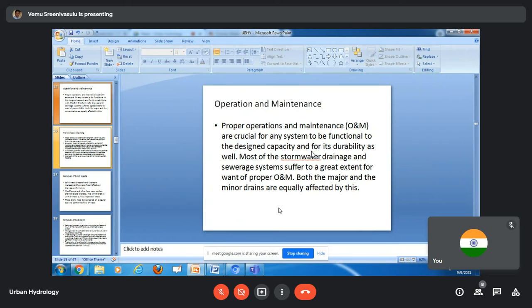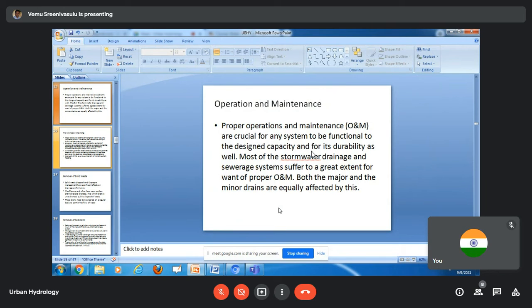Operation and maintenance. Designing of your drainage network is one part; operation and maintenance is another part. If your O&M is not proper, though you have a good design system, it will not work.